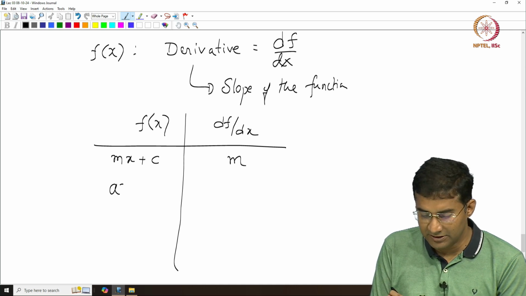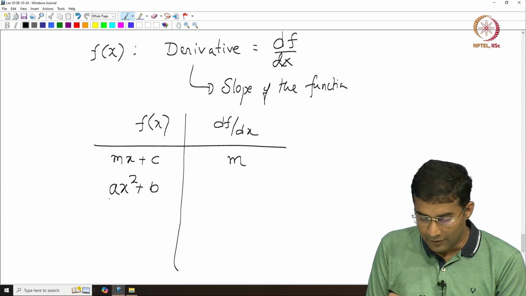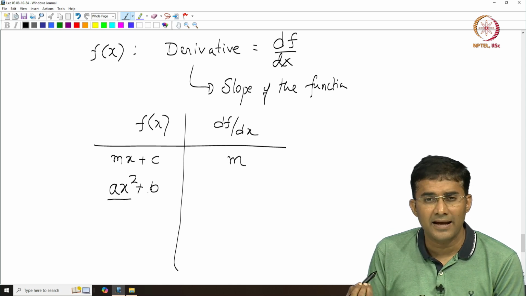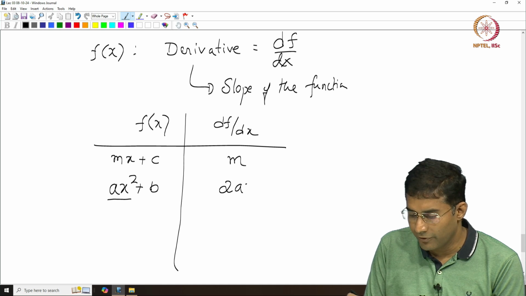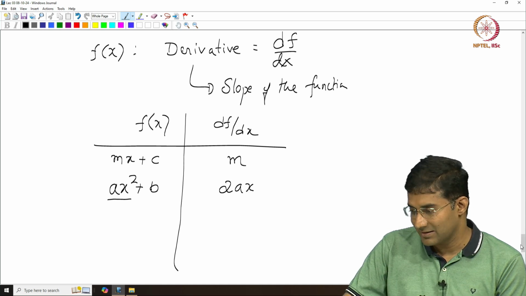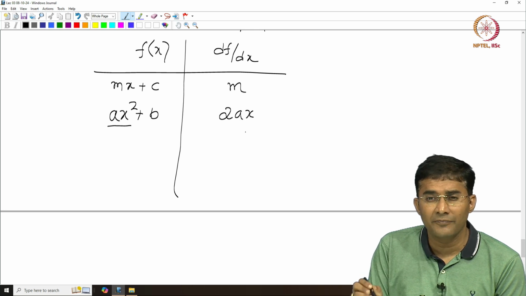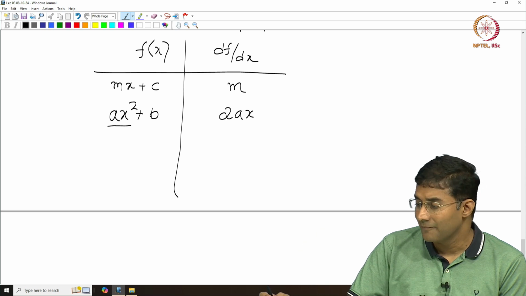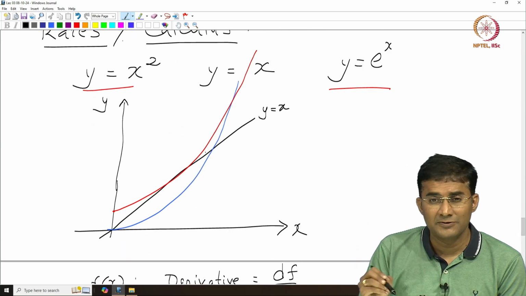If we have a function ax square plus b, a quadratic function, we only need to take the derivative of the x square term, because a constant does not influence the slope, and the slope will be 2ax. What is interesting to note is that the slope depends on x itself. As you increase x, the slope is increasing, and that is precisely what you are seeing here in the blue curve as well as in the red curve.